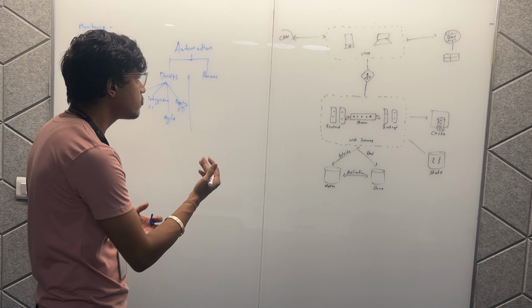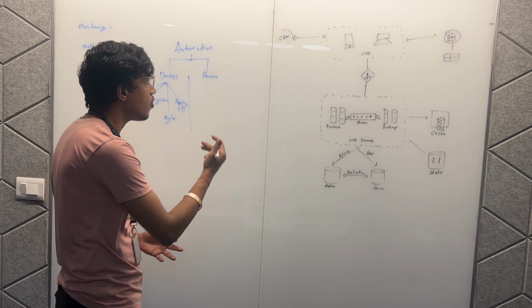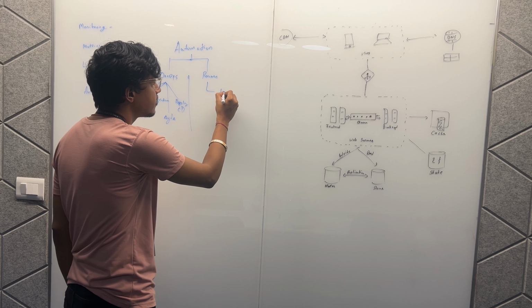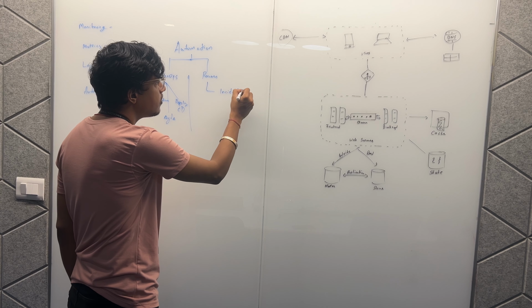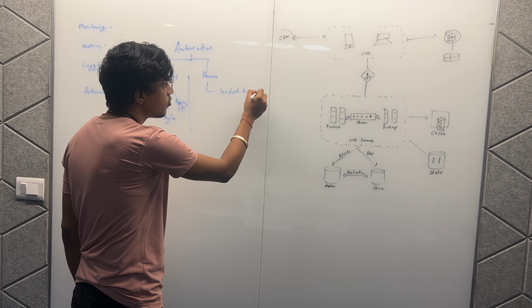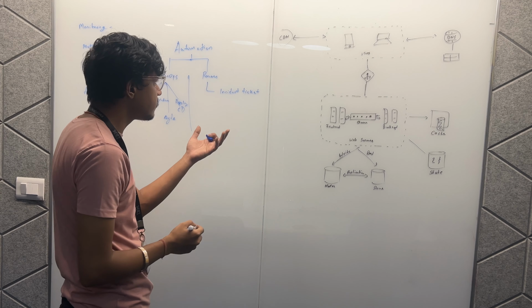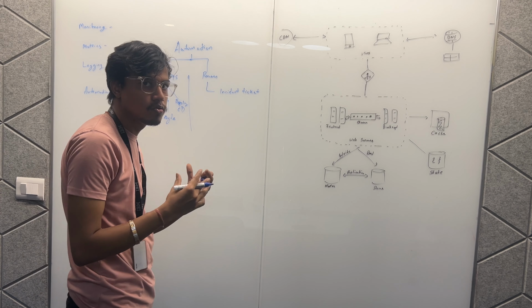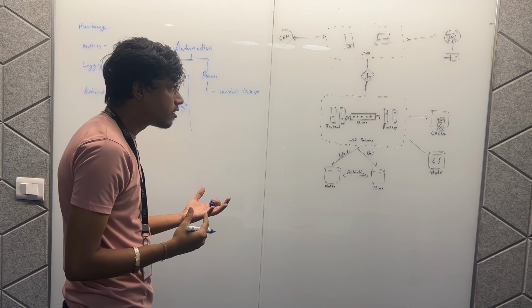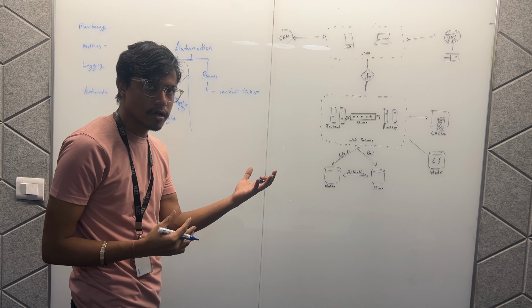The system should be able to detect that by itself and automatically create something called an incident ticket, which will be a notification or an alert that will be sent to the particular team that is responsible for that particular component.